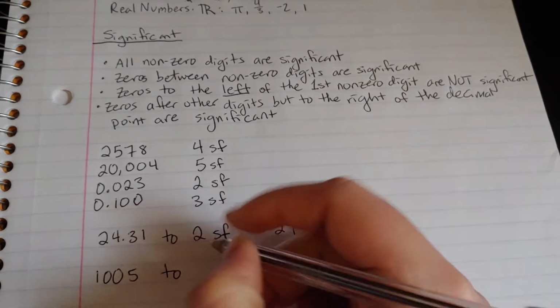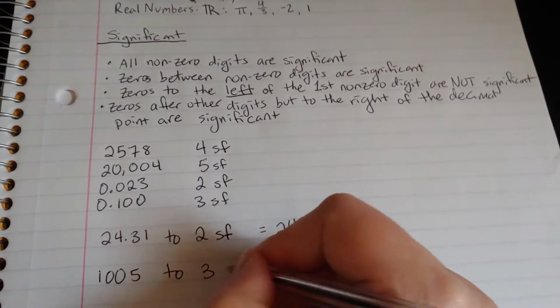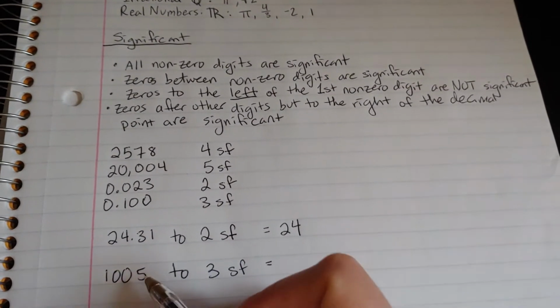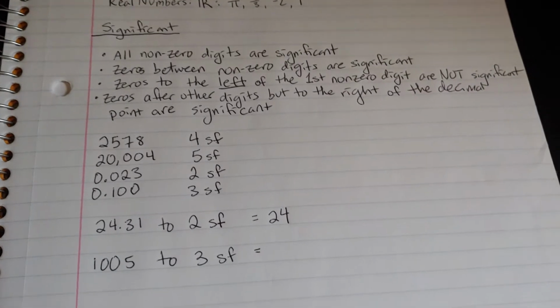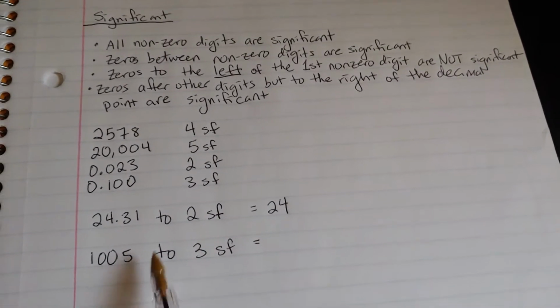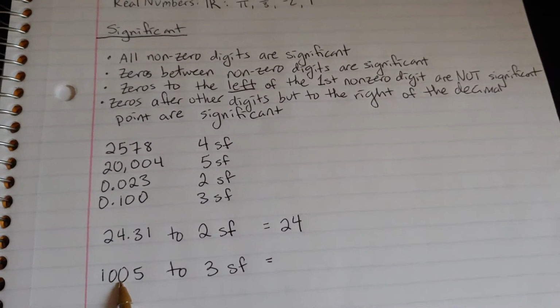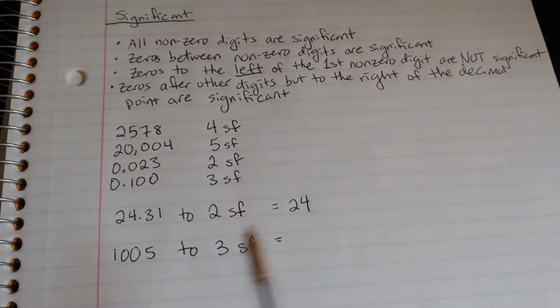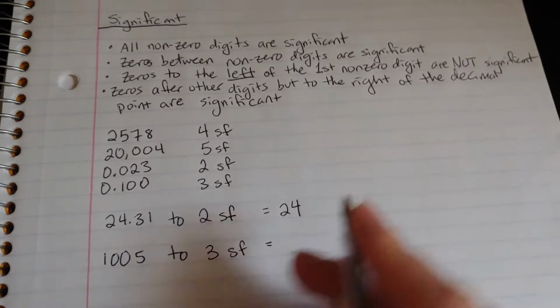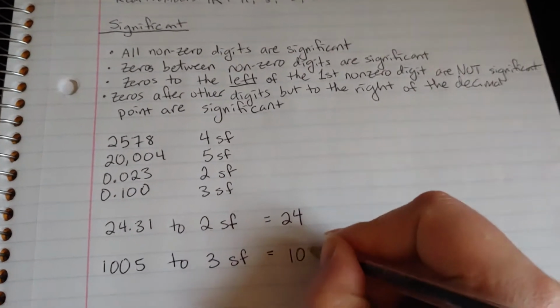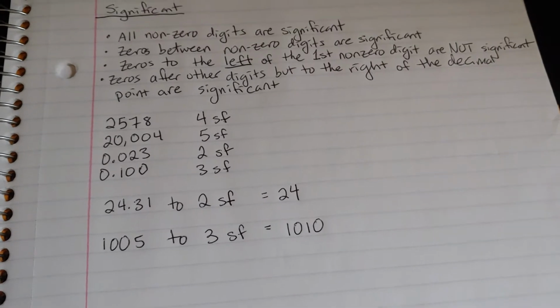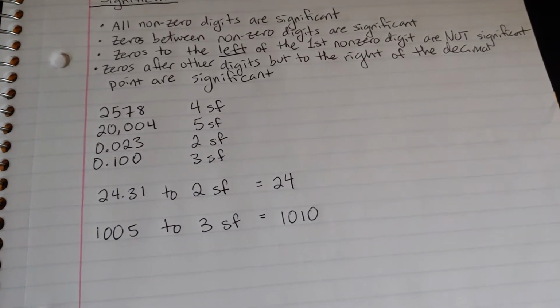What if I wanted 1,005 to 3 sig figs? Well, right now it has 4, which means that I need to round to the nearest tenth so that I end up with a trailing 0. That's going to round up to 1,010, 3 sig figs.